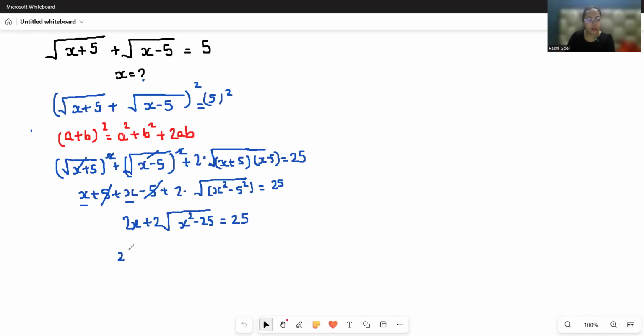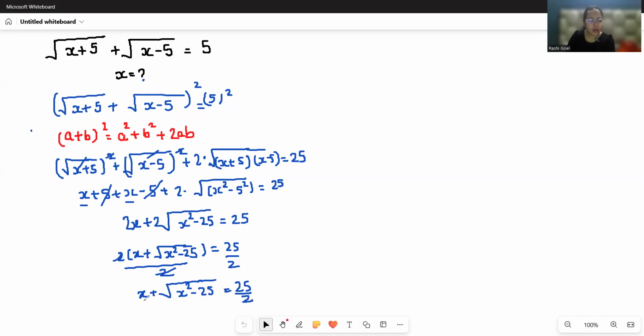Now if I take 2 as common, x plus under root x square minus 25 equals 25 divided by 2 on both sides. So x plus under root x square minus 25 equals 25 by 2.